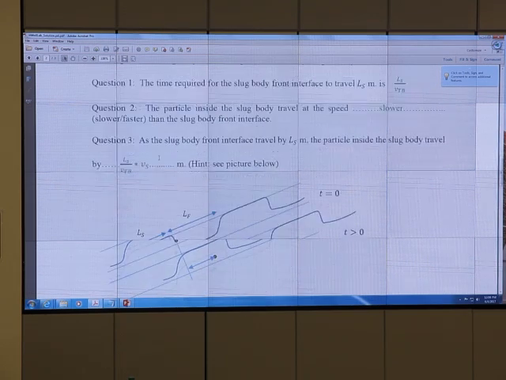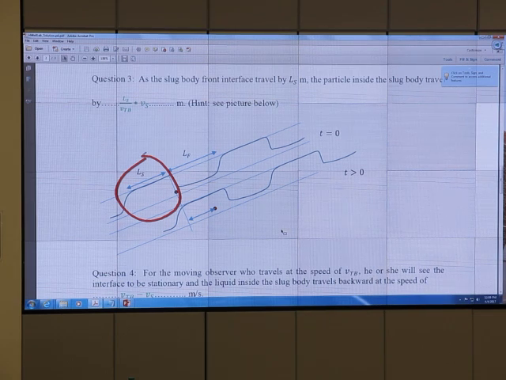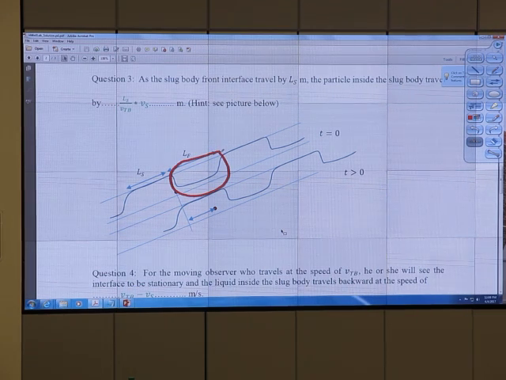Okay, let's take a look at this. Tomorrow when you see it in the lab, the part that has the slug body, we call it LS. The part that you will see film, we call it LF, film length, slug length.